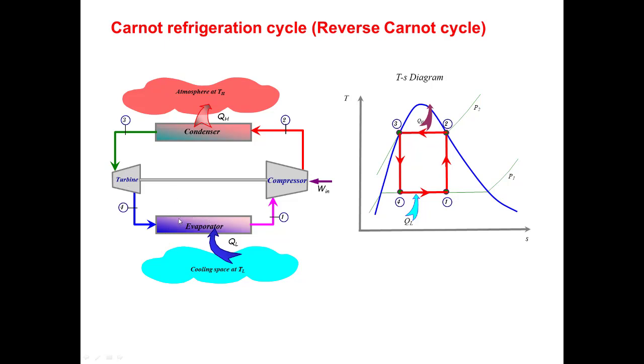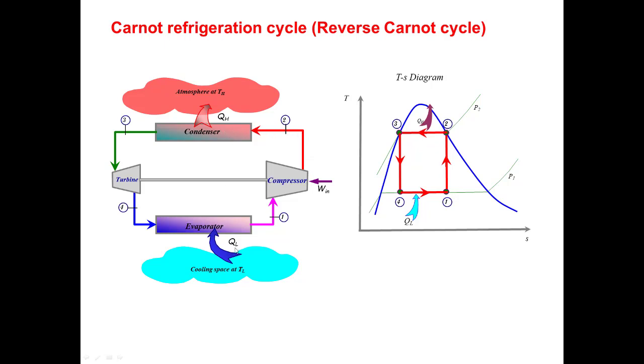Now as I discussed previously, the evaporator absorbs heat in the cooling space. In cooling space we place different items, milk, food, vegetable, anything. So the heat from that item is absorbed by that liquid refrigerant. As a result of the phase change, we have vapors here. Those vapors are compressed by the compressor to a high pressure, high temperature.